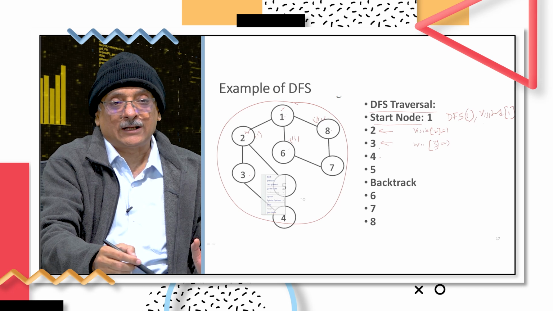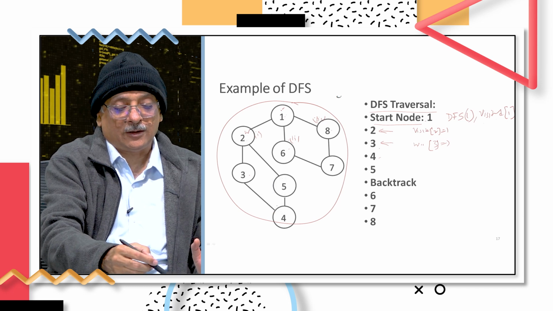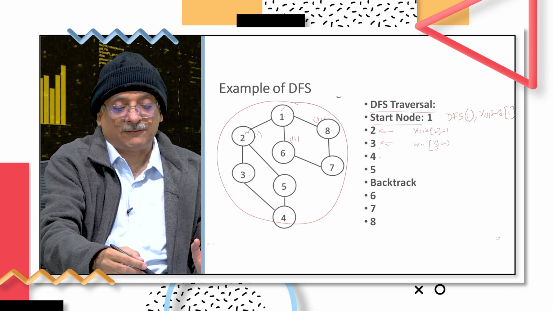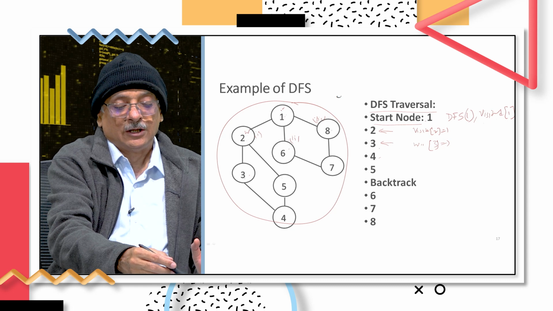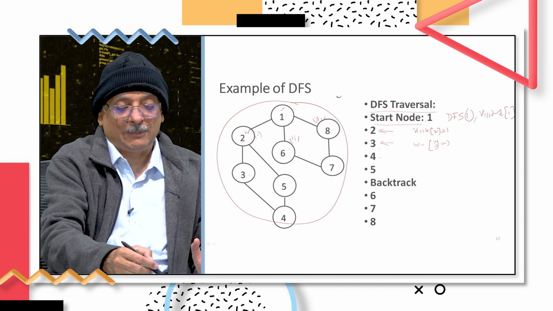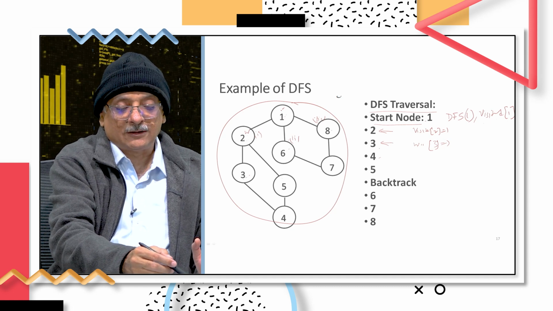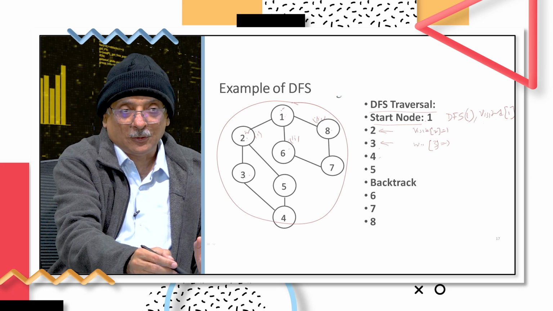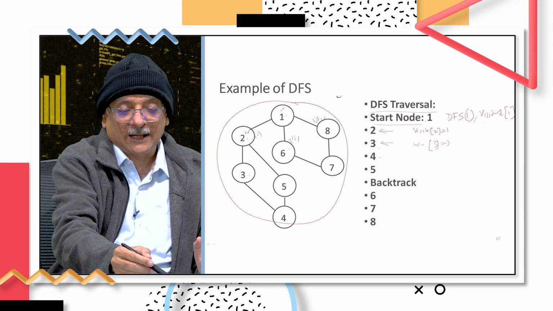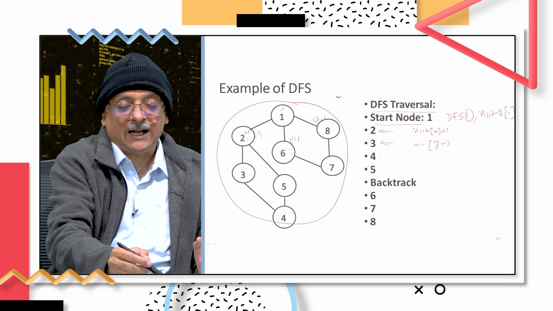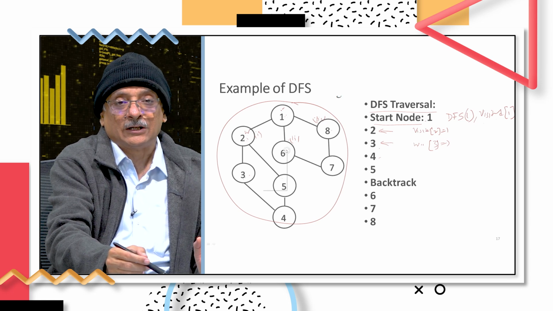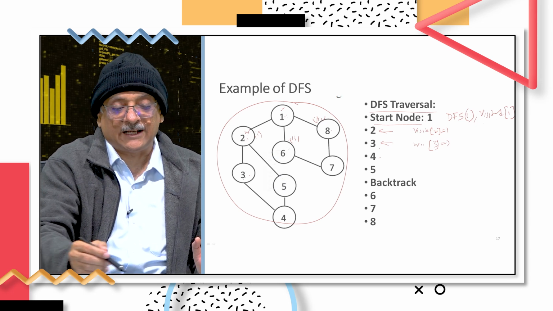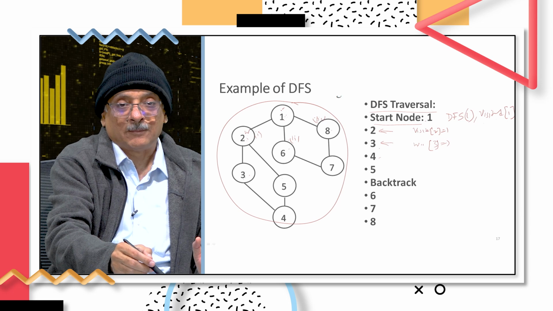What are the adjacents to 4? 3 only, there is no more after 5. So, it comes back to 3. Now, 3 also does not have any other node to be visited, so backtrack to 2, then backtrack to 1. At 1 we find that 6 has not been visited. That is why we visit 6 after 1.